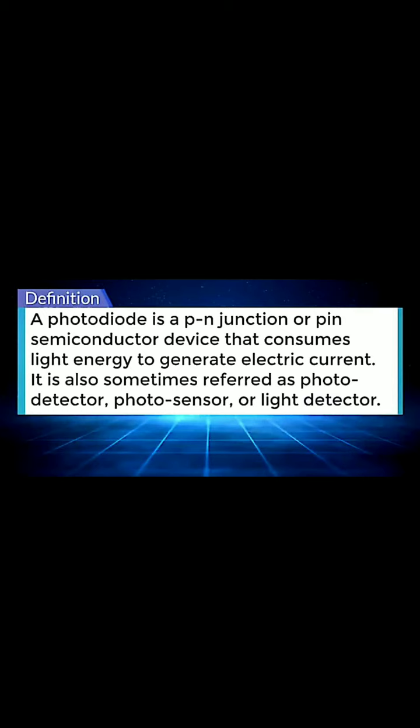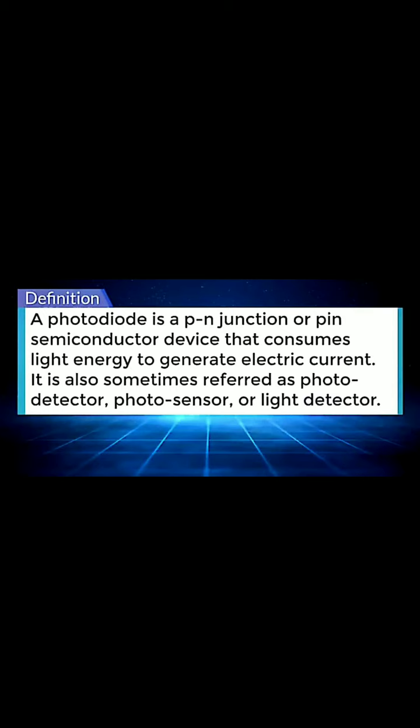The LED converts electrical energy into light energy, but the photodiode generates electric current, converting light energy to electrical energy. It is sometimes also called a photodetector, photosensor, or light detector. That means in these places we can use the photodiode as a photodetector, photosensor, or light detector.